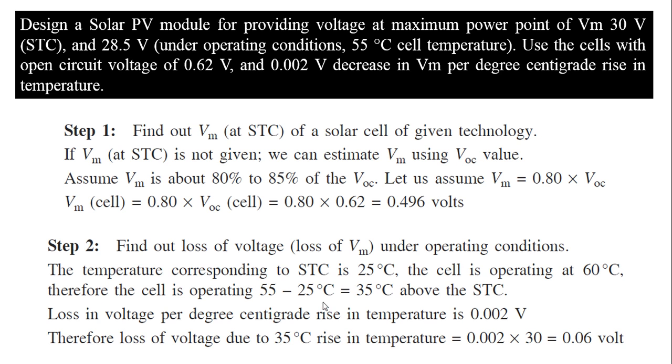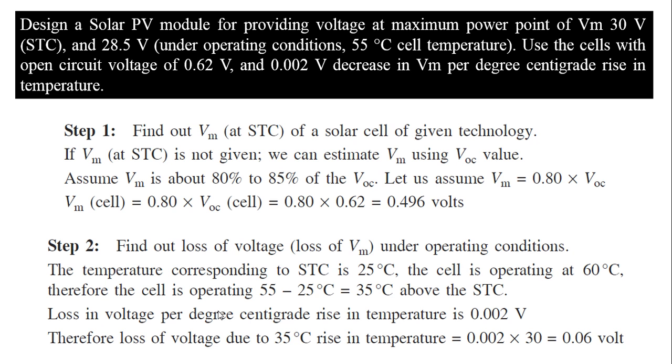The temperature corresponding to STC is 25. In the previous numerical, the cell was operating at 60. Over here it is operating at 55. So 55 minus 25 is 30 degrees above STC.